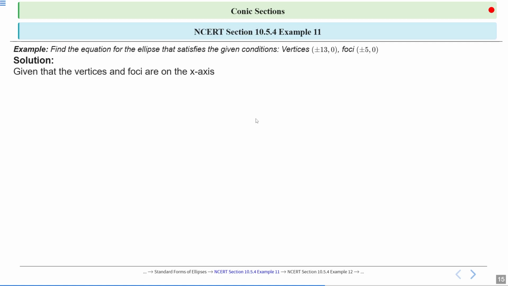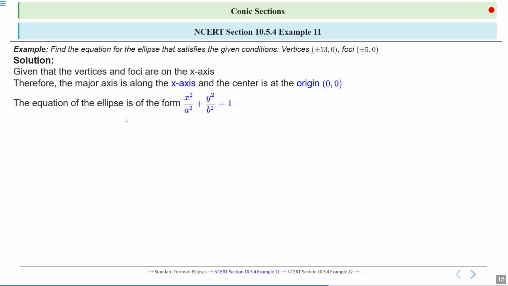Given that the vertices and foci are on the x-axis, therefore the major axis is along the x-axis and the center is at the origin 0, 0.